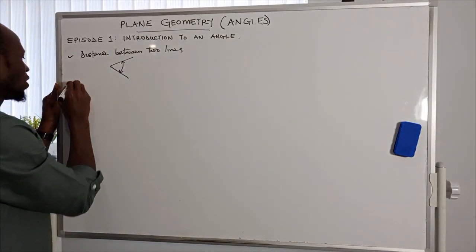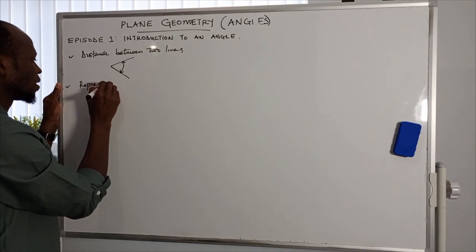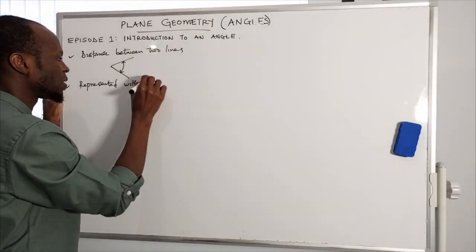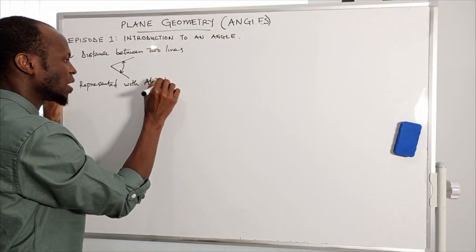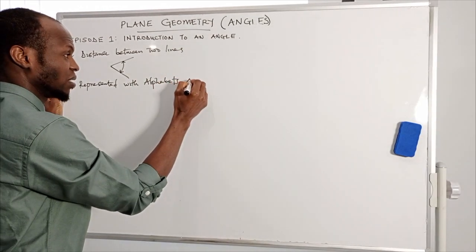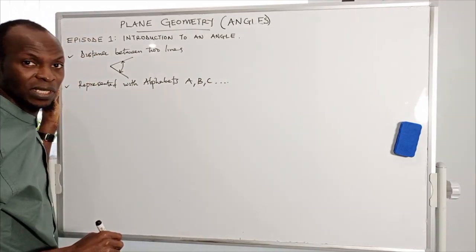Okay. Secondly, you need to know that an angle can be represented with alphabets like A, B, C, and so on and so forth. Okay?